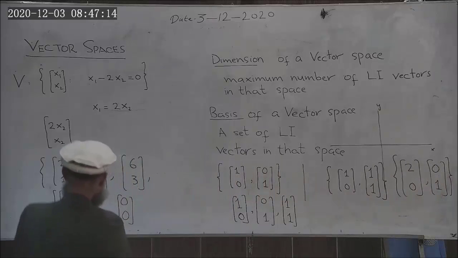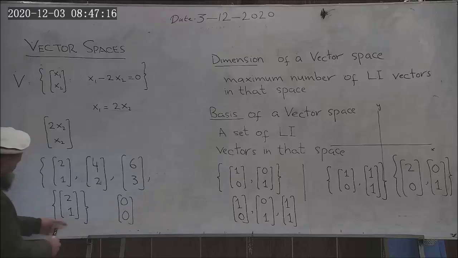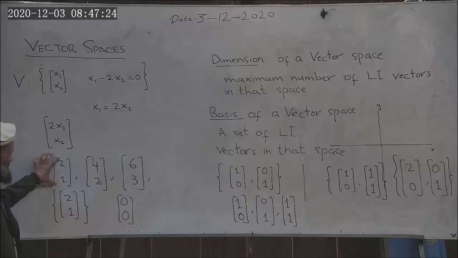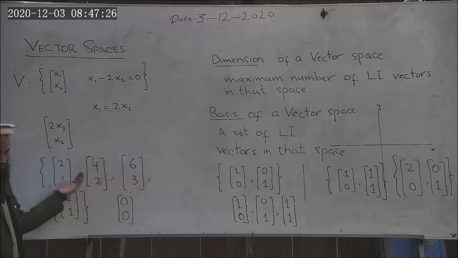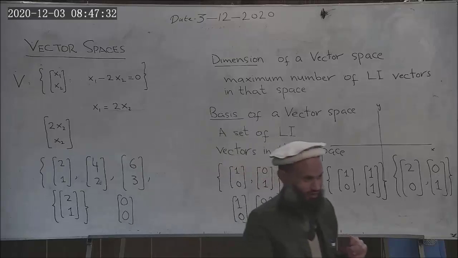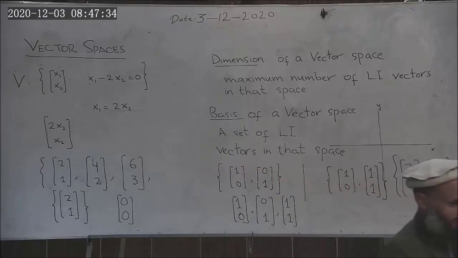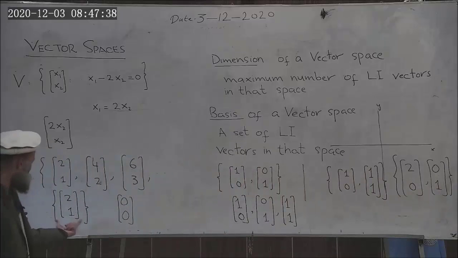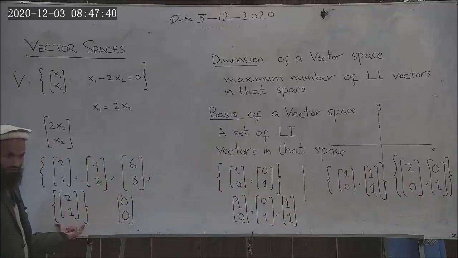Which one? The basis. This is a basis. So how many linearly independent vectors are there? There is only one linearly independent vector in this set. So I have written here a linearly independent vector.